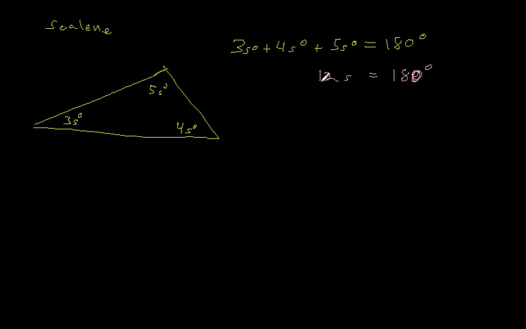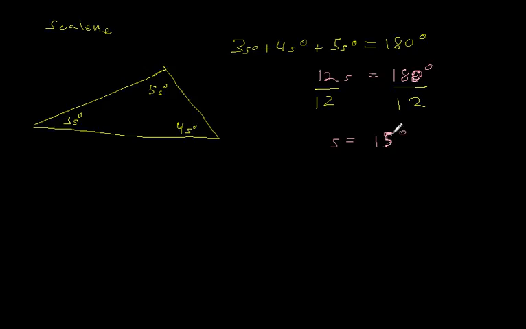Now the next step is to isolate the variable. The only way to do that is to get rid of the multiplication going on, so divide both sides of the equation by 12. When I do that, I get s equals 15 degrees.